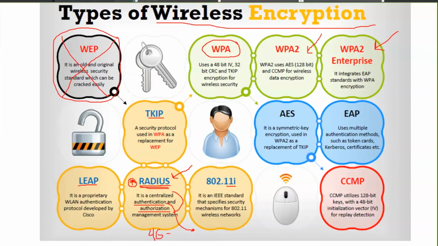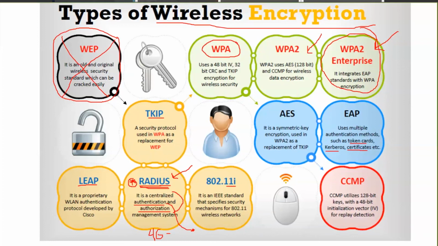And I say that because what we usually will see is a radius server implemented with a WPA2 enterprise that uses things like tokens or Kerberos or maybe certificates of some kind, and will allow a little bit more protection on top of what allows basic types of encryption for wireless networks.